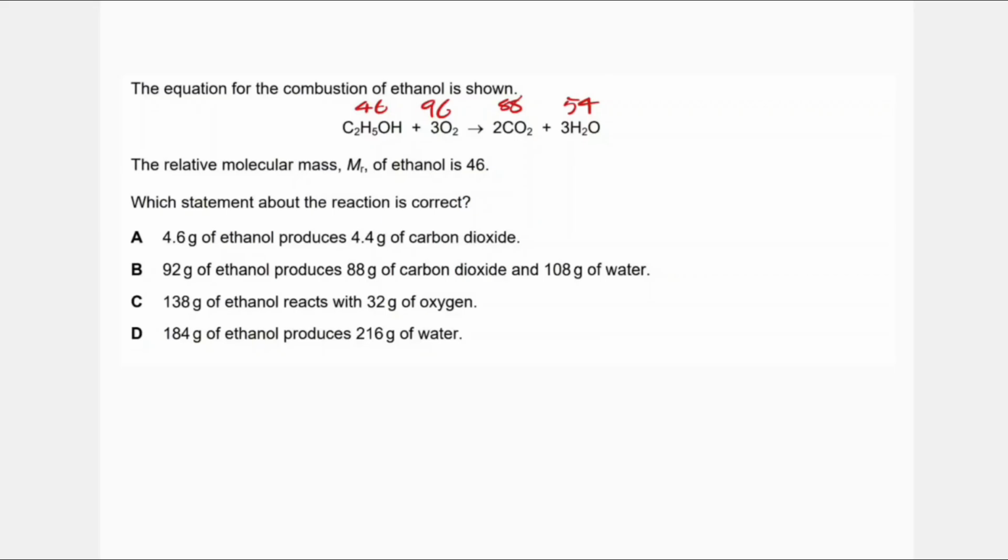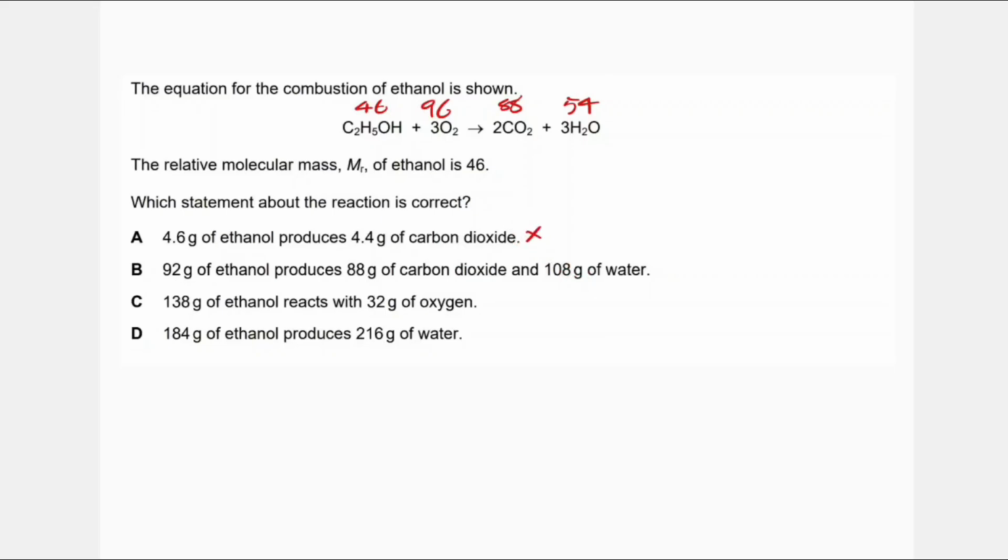Let's look at option A. 4.6 grams of ethanol is actually 1/10th of 46. So if you use 1/10th of 46, you're going to get 1/10th of CO2, which is 8.8, but here it is 4.4, so that's clearly wrong.